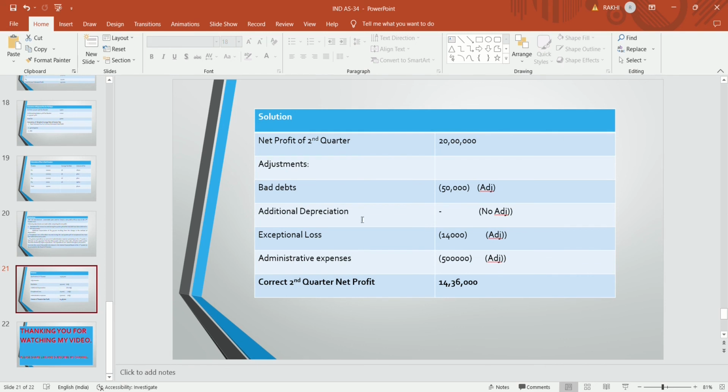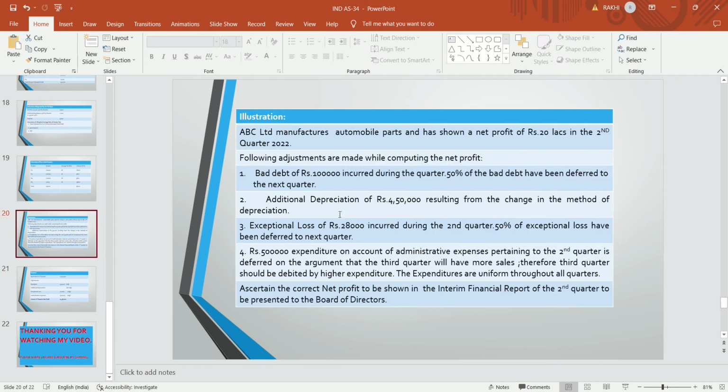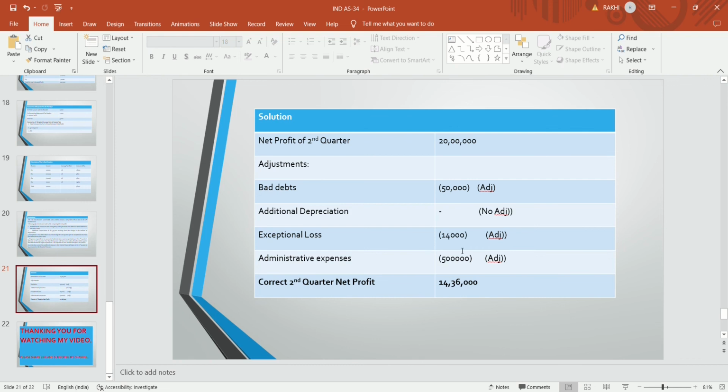Additional depreciation they made because of the change in method is disclosed, so there is no adjustment. Exceptional loss: they booked 14,000 but deferred the remaining 14,000, so the remaining 14,000 is required to be adjusted.